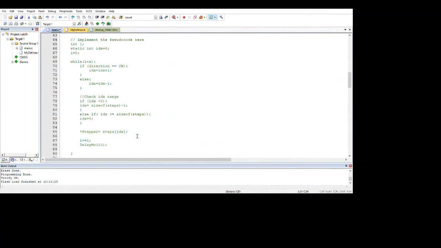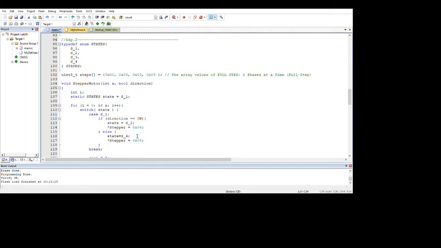Okay, so now let's look at the code for experiment 2. For experiment 2, we essentially wanted to do 2 phases at a time. In order to do that, we created a state machine.